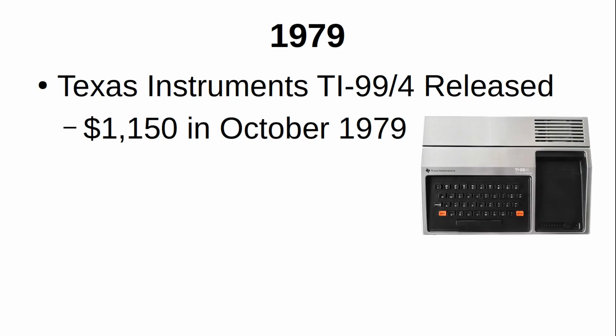So let's move ahead a bit to 1979. What happened? Well, the folks at Texas Instruments put out the TI 99-4. And that was really the first mass-produced 16-bit microcomputer that a major manufacturer was putting out, and they were getting it into stores and selling it for a price that was a lot cheaper than, say, a PDP-11.